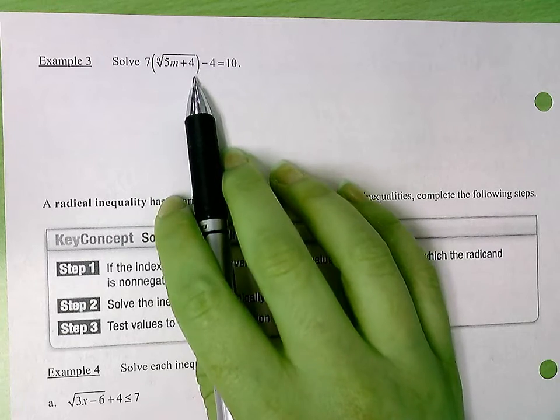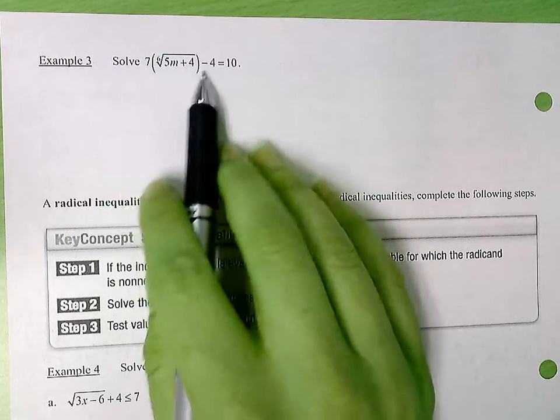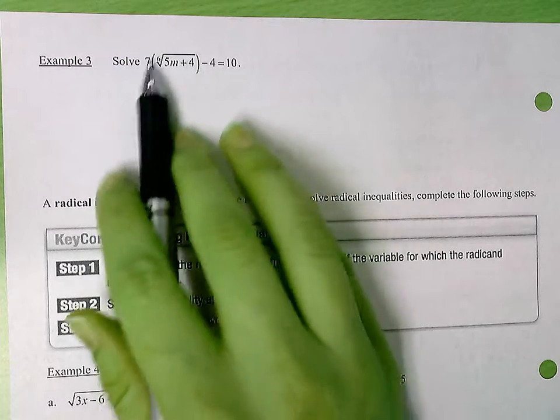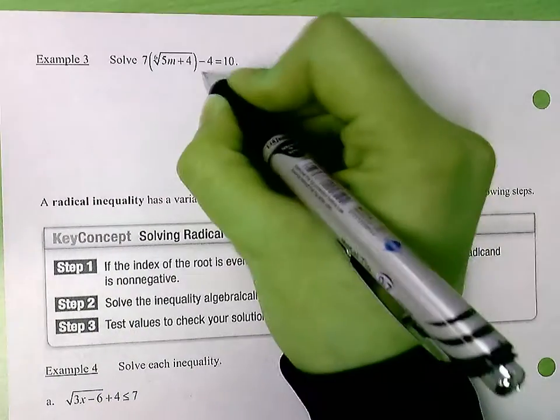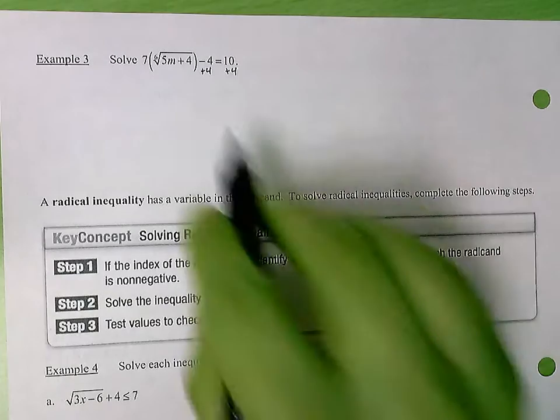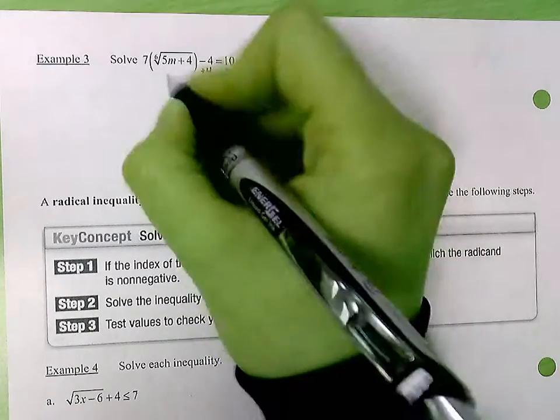Okay, so we want to isolate this radical in parentheses here. You want to get that by itself. So you add 4 to both sides.